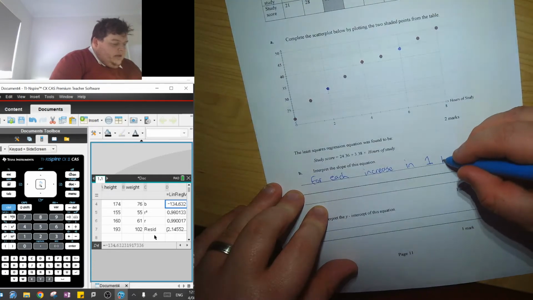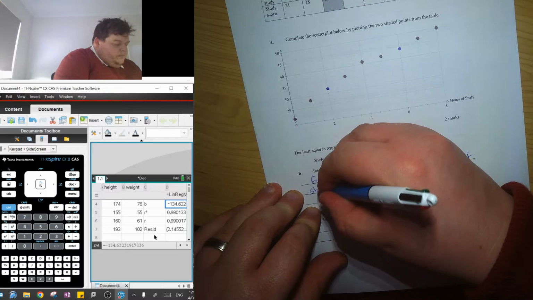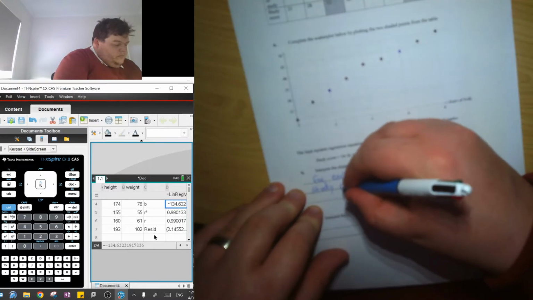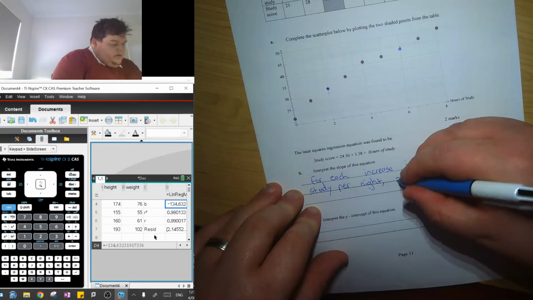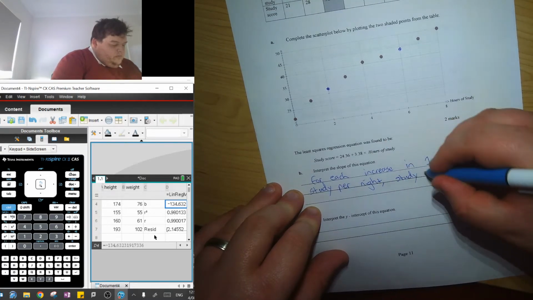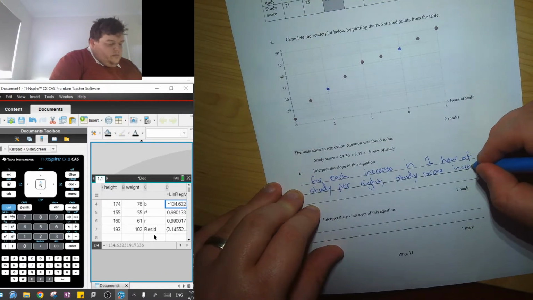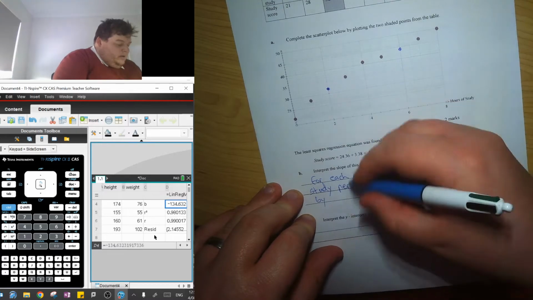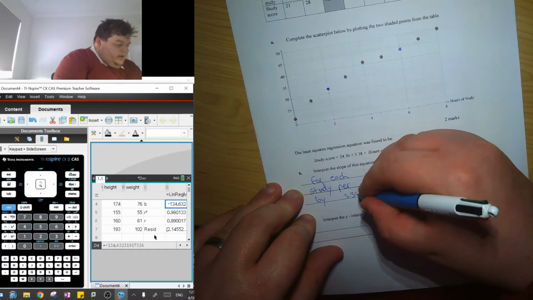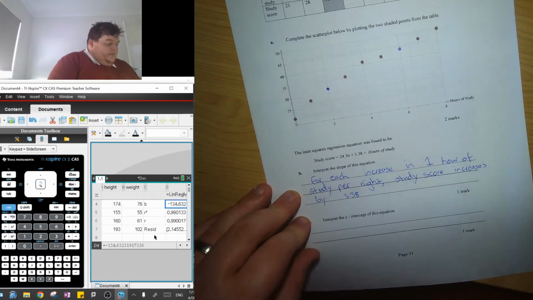In 1 hour of study per night, study score increases by 3.38. Cool. Interpret the y-intercept.